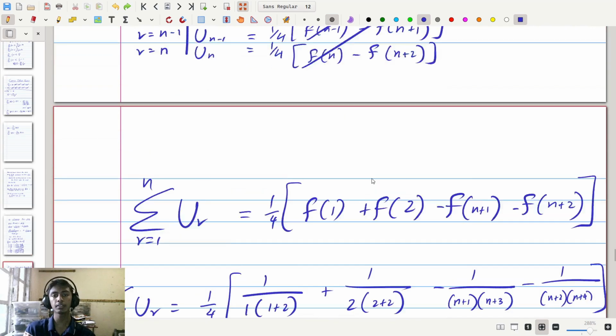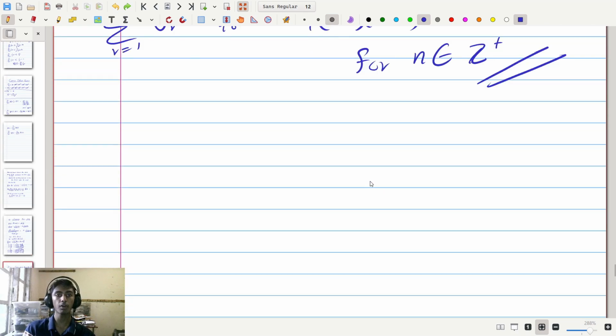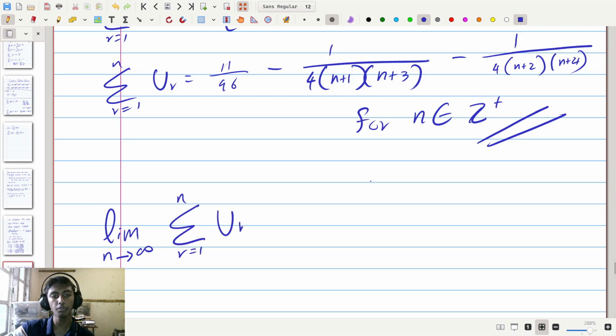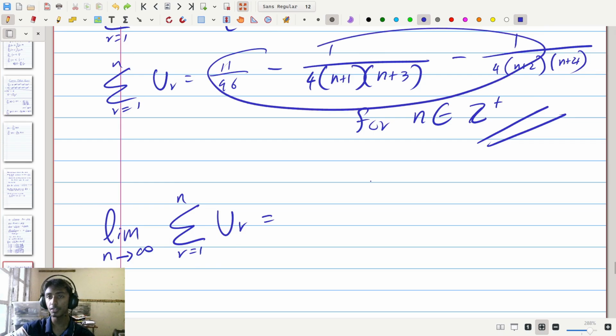Going down here, if we consider the first part, what we want is the sum from r equals 1 to infinity of u of r, which is basically the limit as n approaches infinity of the sum from r equals 1 up to n of u of r, which we found here on the right side. So we can substitute, instead of this bit here, all of this stuff here.